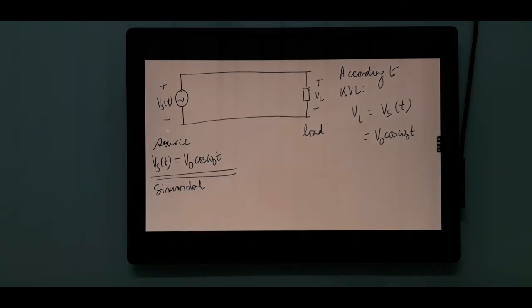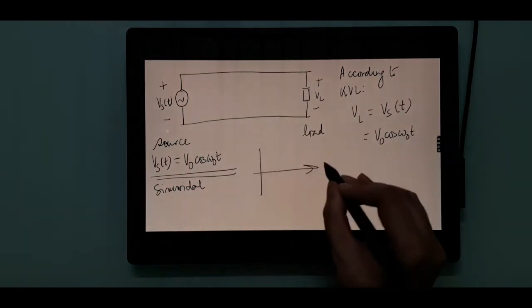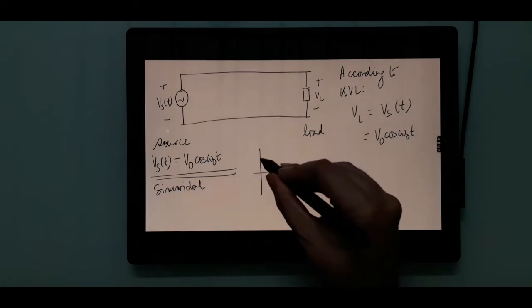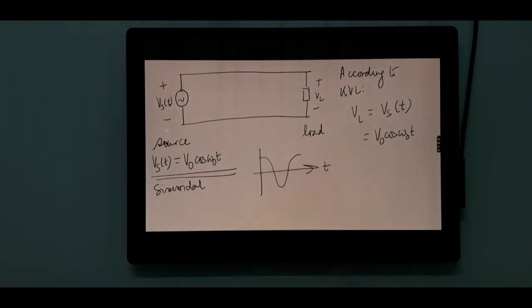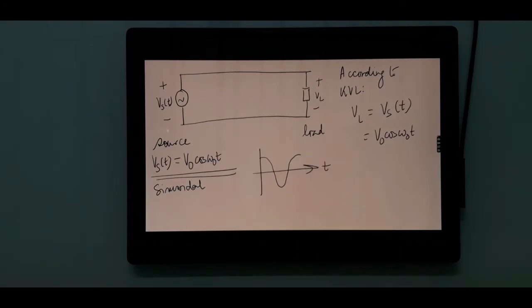That means if you draw this wave as a function of time, you're going to get this. And what is this? This is definitely a wave. It changes as a function of time, and it changes using the cos function.